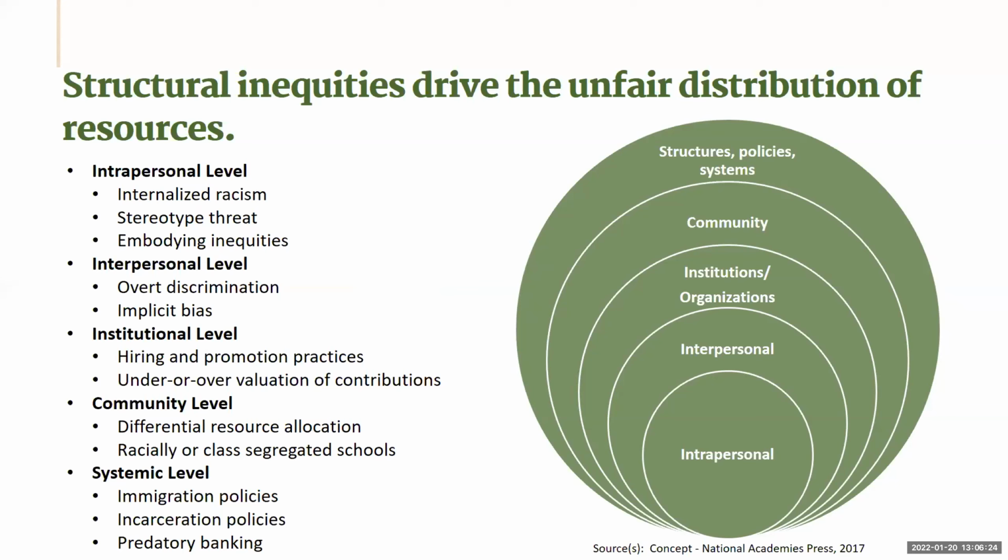At the institutional level, there are organizations and social institutions. And at the community level, there are relationships among those organizations. At the systemic level, the mechanisms are national, state, and local policies. They can also include laws and regulations. I will provide probably one example from each of these levels.